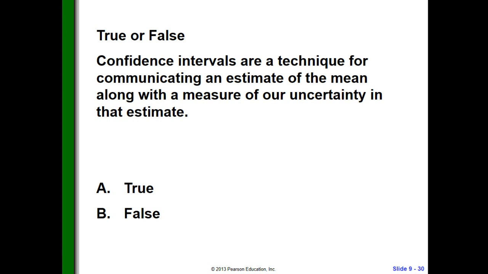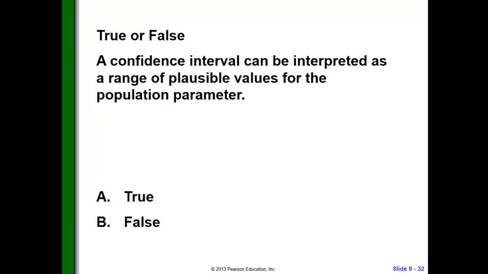Confidence intervals are techniques for communicating an estimate of the mean along with a measure of our uncertainty in that estimate. That's a good way of putting it. A confidence interval can be interpreted as a range of plausible values for the population parameter.